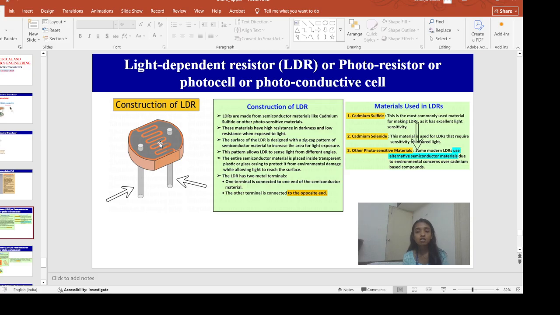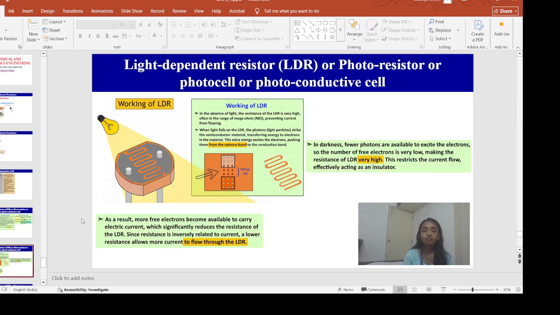Some other modern LDRs use alternative semiconductor materials due to concerns over cadmium based compounds, because cadmium based compounds are sometimes treated as toxic materials. So how does this LDR work?